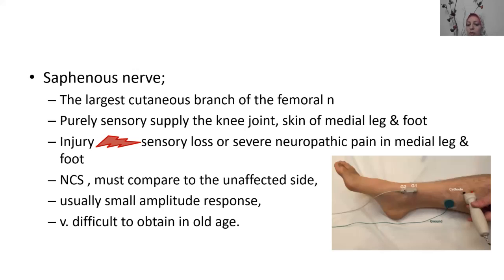It's also technically difficult to obtain and may be absent in normal persons, especially above age 40. We record midway between the medial malleolus and tibialis anterior tendon, and stimulate about 14 centimeters above the site of recording, between the medial gastrocnemius and tibia.